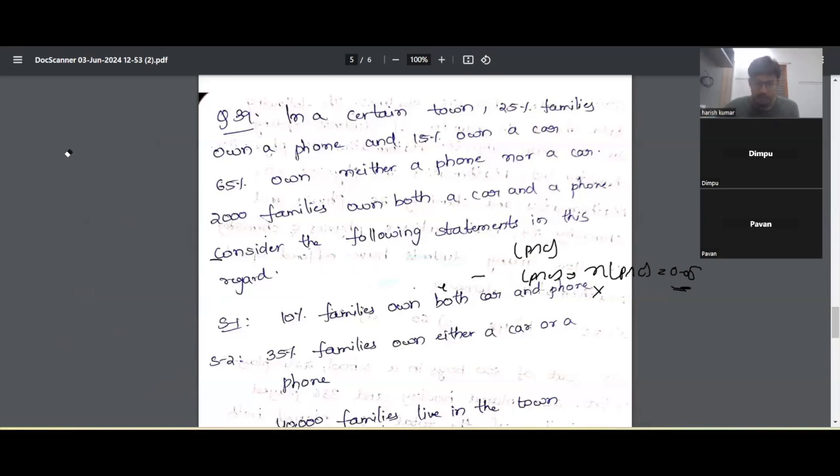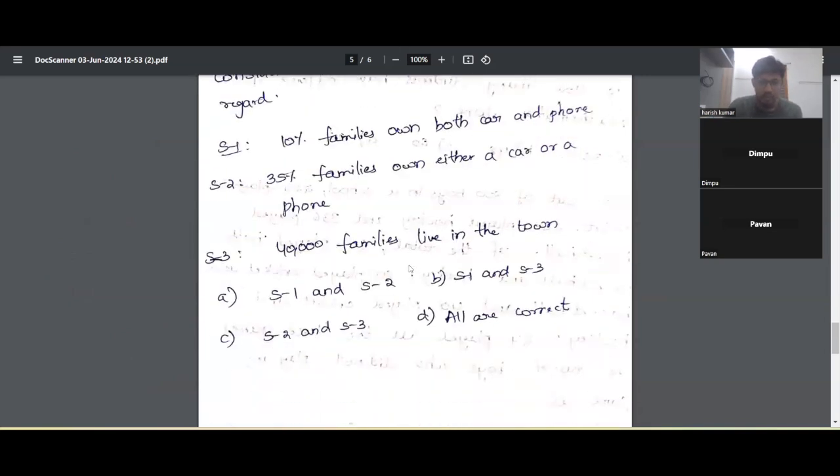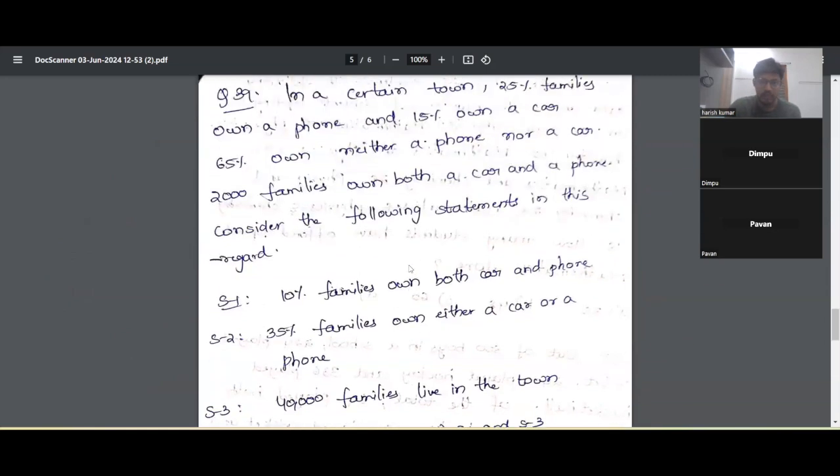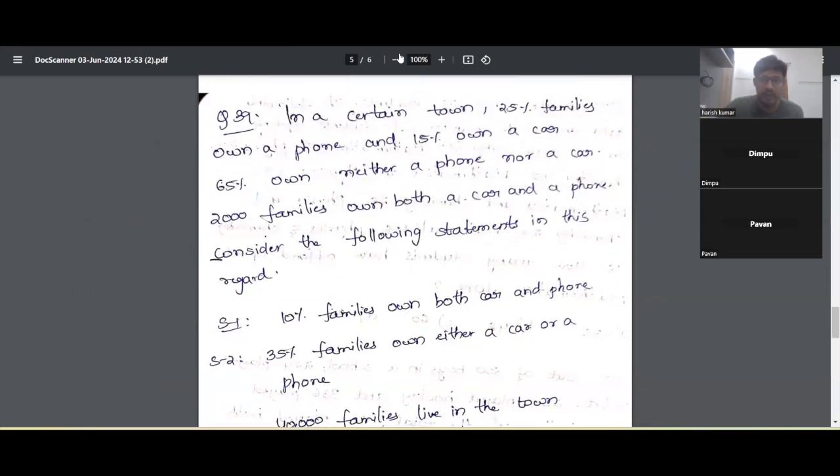All right, the next statement says 40,000 families live in the town. There is a third statement as well. So the first statement is false, the second statement is true. 40,000 live in the town. Let's see. He said that 2,000 families own both car and phone.